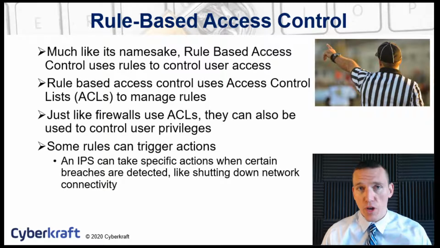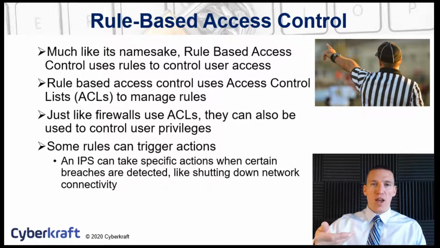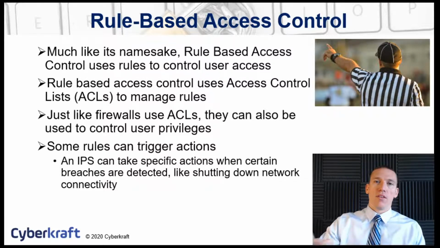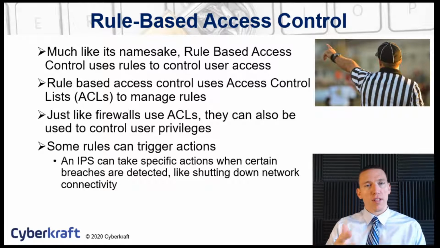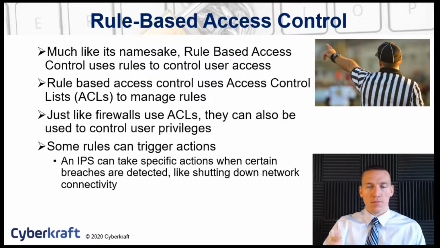Some rules can trigger actions as well. So like an intrusion prevention system could detect traffic using an ACL. Okay, say your ACL wants to detect any traffic on port 63. Traffic comes in through port 63, and the IPS says, okay, if any traffic is detected, block the traffic.